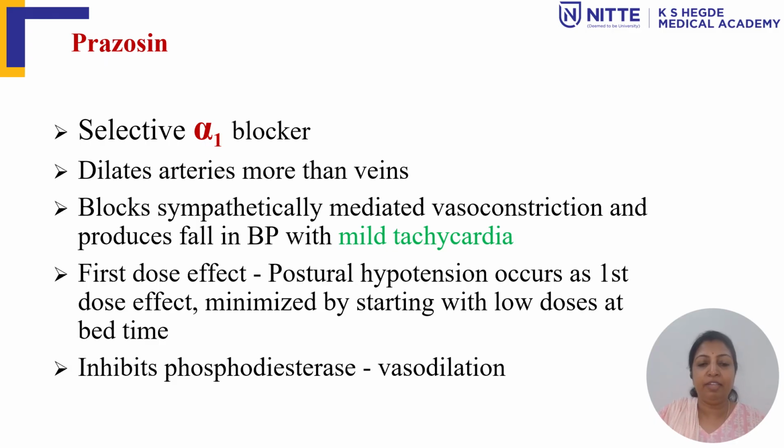Initially, with the beginning of the medication, postural hypotension is very common, and subsequently tolerance will develop. That is known as the first dose effect. Prazosin can also inhibit the phosphodiesterase enzyme, and that can contribute to the vasodilation.